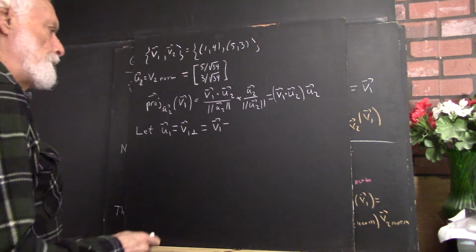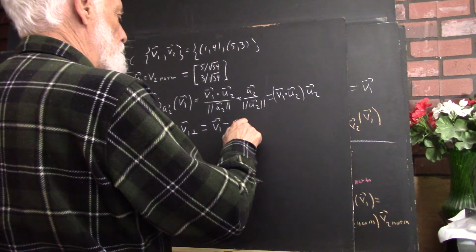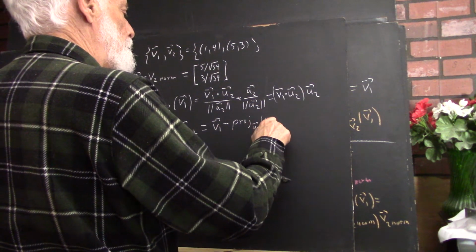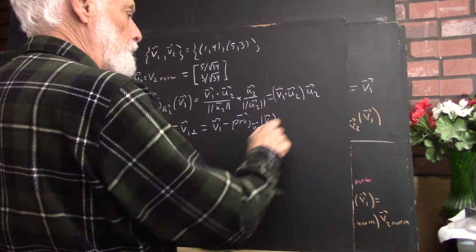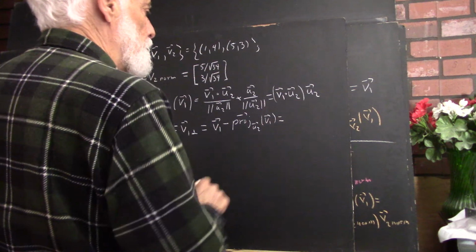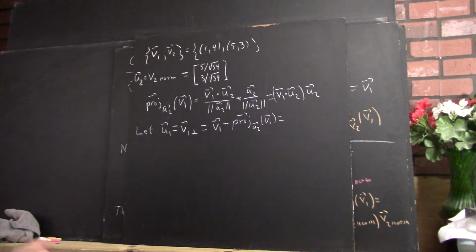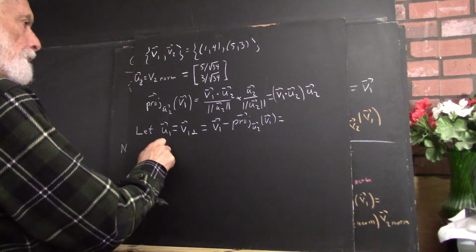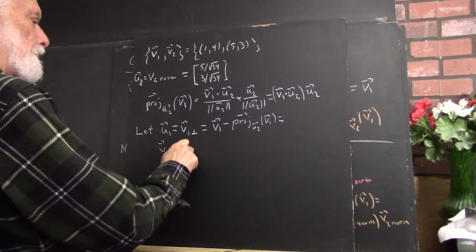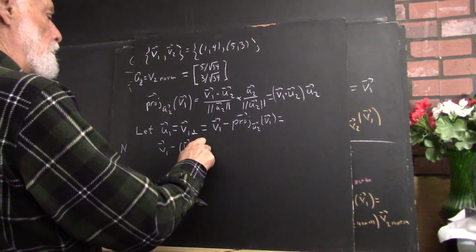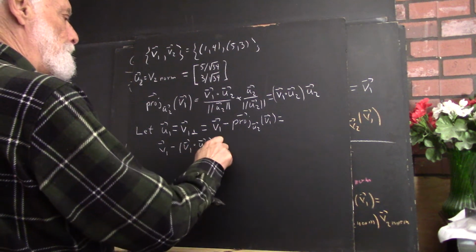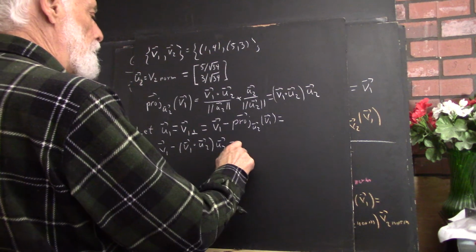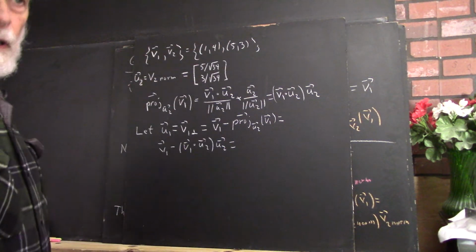It's V1 minus the projection of V1 onto U2, which is, write it down here, V1 minus V1 dot U2, U2, and now we can just take our coordinates and calculate it.